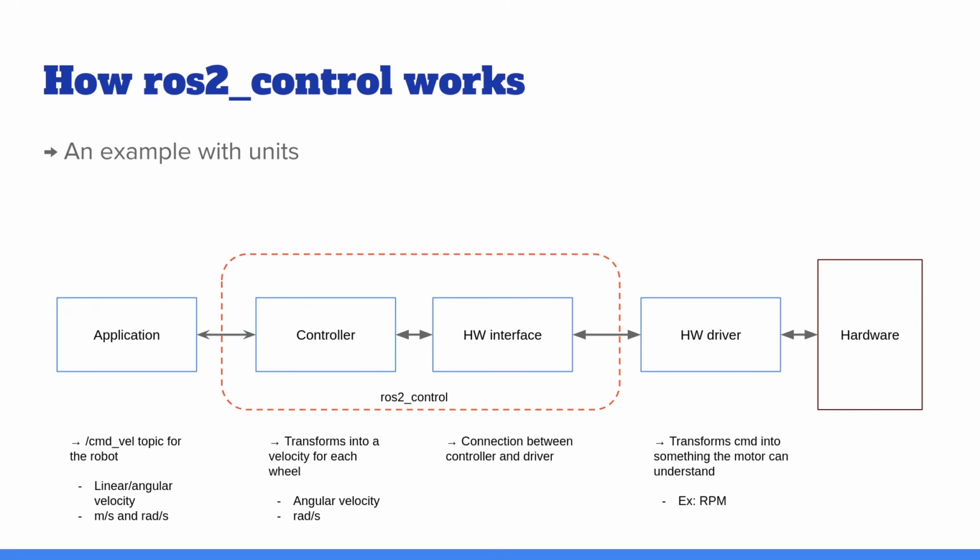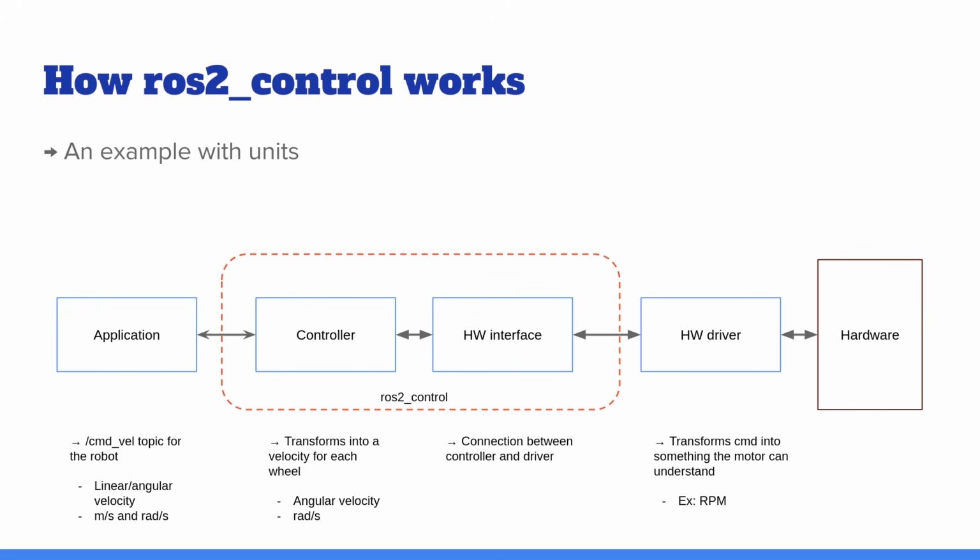That's going to be sent to the hardware interface, and then the hardware interface is going to send it back to the controller, and the controller can do a kind of closed loop control to send the next command. So with this, you can see that each layer is only handling one thing, and the more we go right, the more we are specific towards the hardware, and the more we go left, the more we are just global about the application.